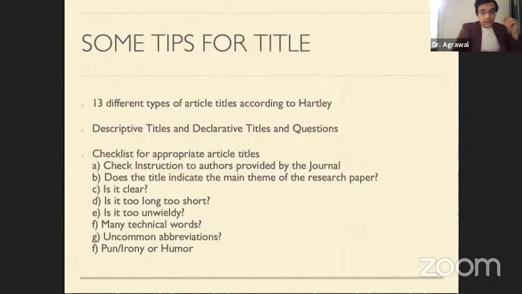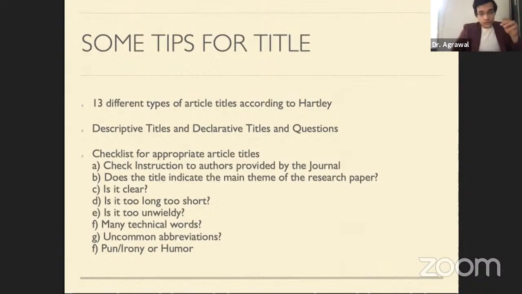So there are actually 13 different types of article titles, according to Dr. Hartley, who has done a lot of research on titles of articles. There are descriptive titles, declarative titles, and questions, which are the main three.